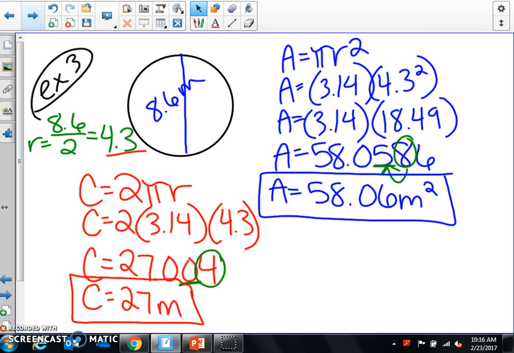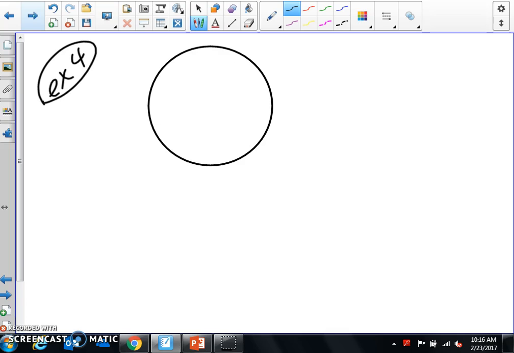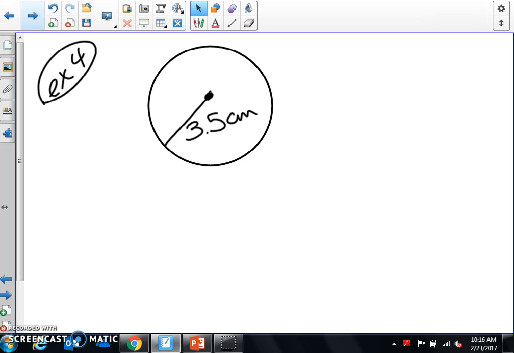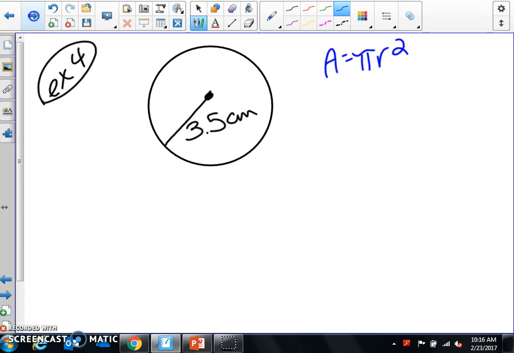And one more, guys. There we go. Alright, let's say some meters. So if I start with area equals pi r squared. Area equals turn pi into 3.14. I look at what they gave me. Yay, they gave me the radius this time, so I don't have to do anything but just plug it in. 3.5 squared.